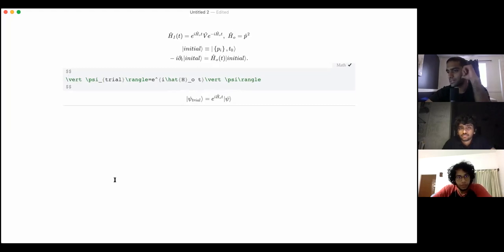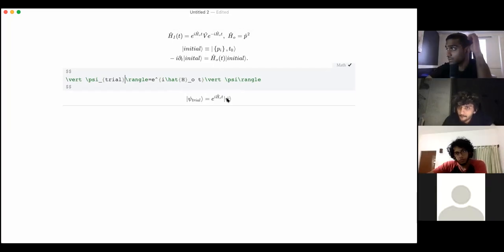What happens now is that if I apply H sub I, then the H naught factors will cancel, and I just have V acting on psi. But we need to work backwards. We know that this psi satisfies the ordinary Schrodinger equation with the full Hamiltonian.